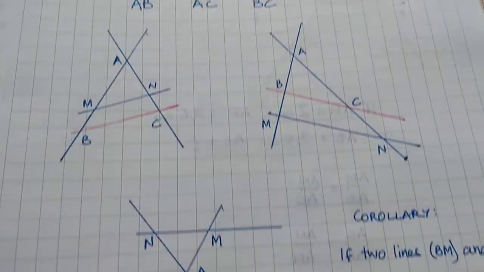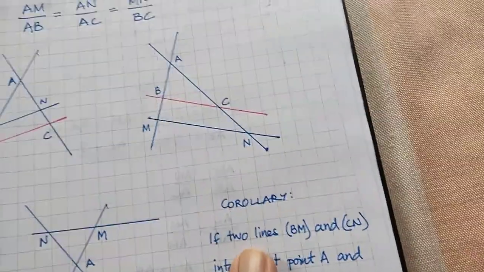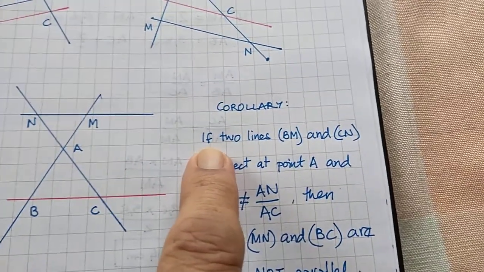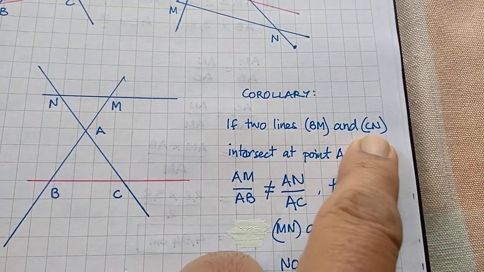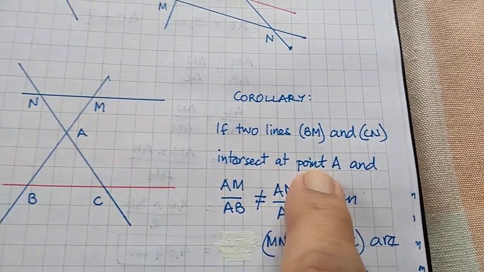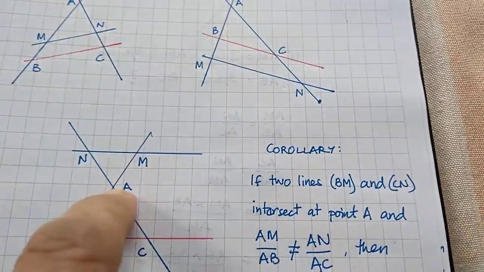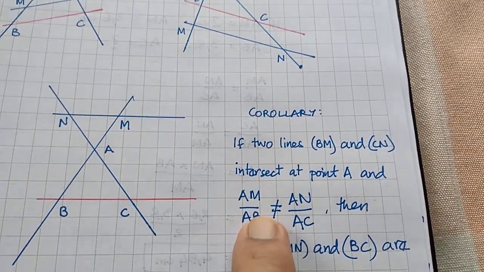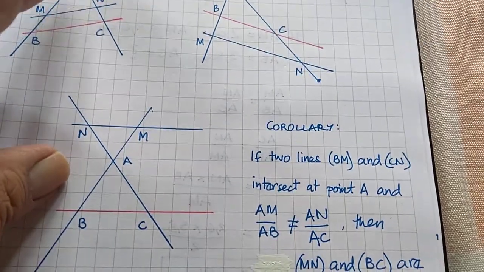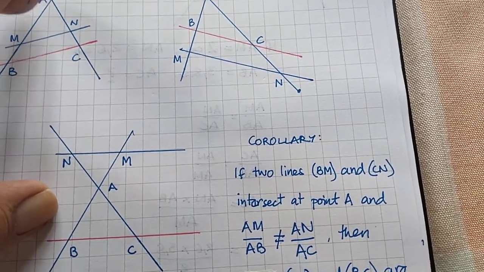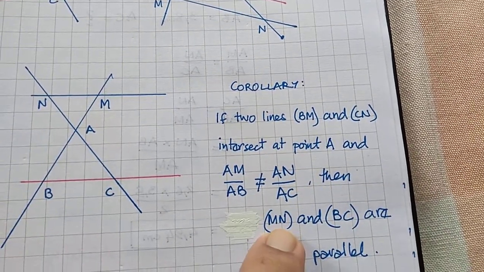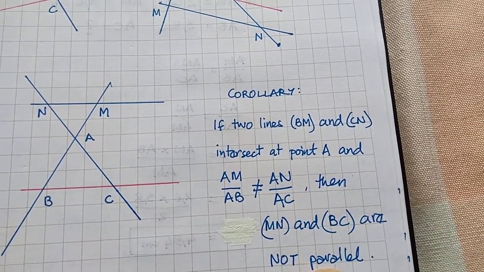Okay. And the corollary, the consequence of this theorem, is: if two lines BM and CN intersect at point A, and this applies to all three variants of the drawing, and AM over AB is not equal to AN over AC, then you can say MN and BC are not parallel.